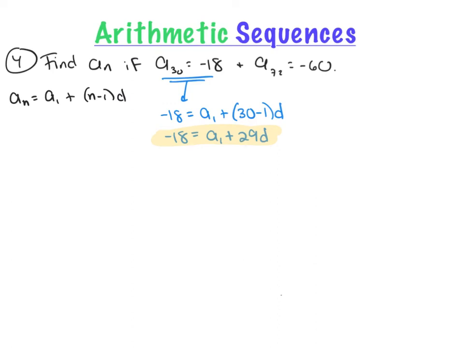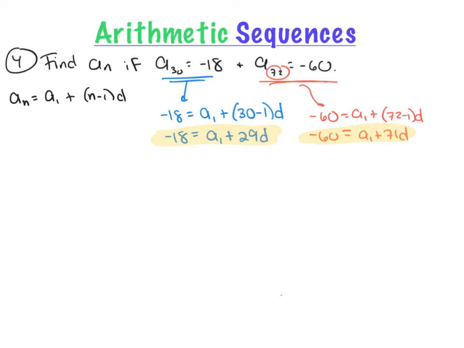All right, second equation. We have negative 60 equals A1 plus, n in this case is 72, 72 minus 1 times D. So negative 60 equals A1 plus 71 times D. Now I have our second equation.